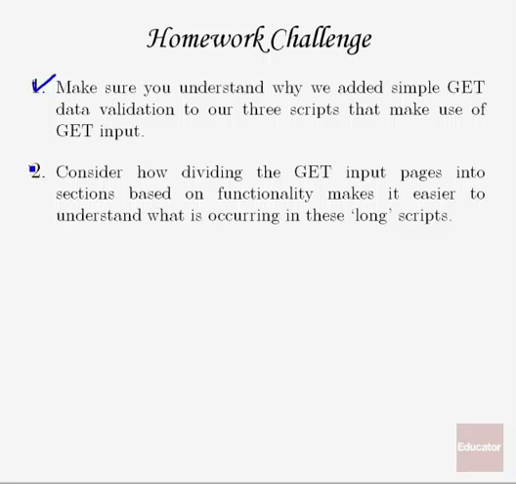Also, I want you to consider how dividing the page into different sections based on functionality makes it easier to understand, and this will become more evident as we move on to future versions of the web application. When you go to the file now, you always know that the bottom section is where the HTML output occurs, so if you have an HTML output error, you'll look at the bottom.